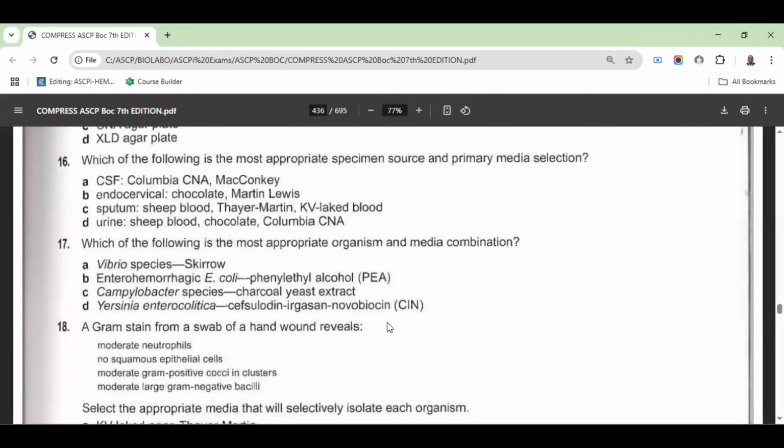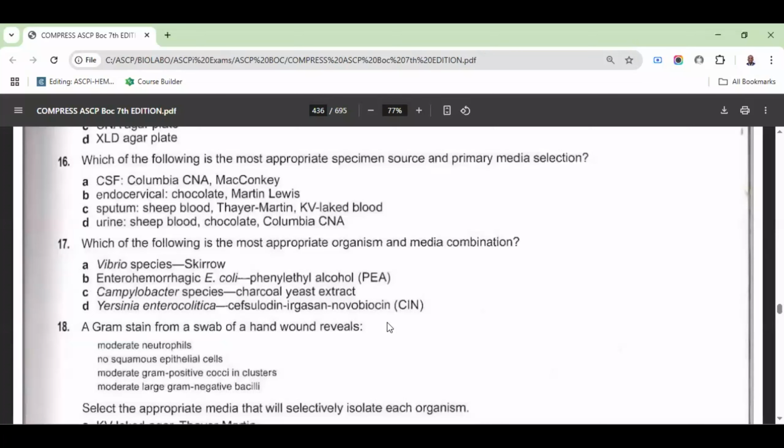So we can't use MacConkey agar. That is the reason why. When we are given a sample, before we choose a culture medium, we have to first of all think which microorganism would be suspected in that particular specimen. Okay.